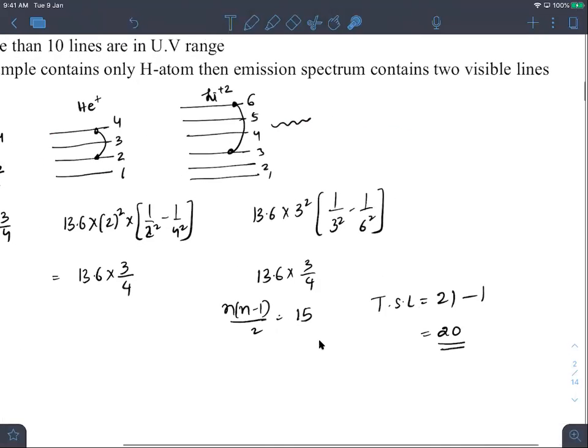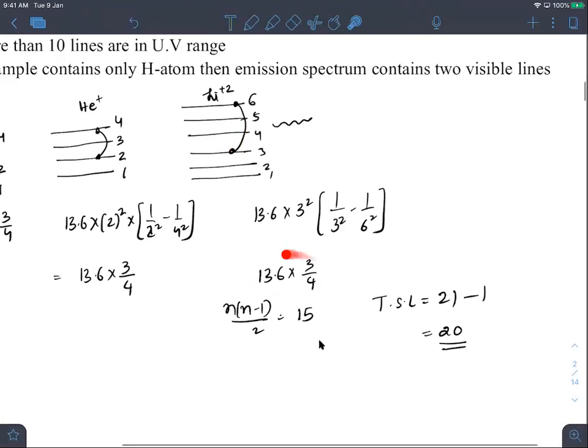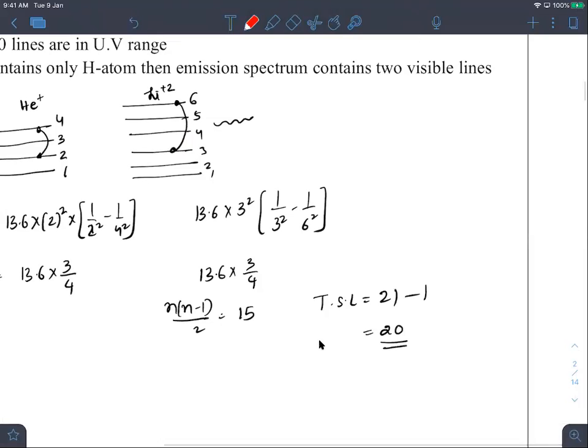So which means if this 6 to 3 is 13.6 into 3 by 4, can you just check out what would be 13.6 into 5 to 2? Right, sorry, 5 to 2 here. If you check out 5 to 2, you will see it is 1 by 2 square minus 1 by 5 square, right, into 9 here, right?